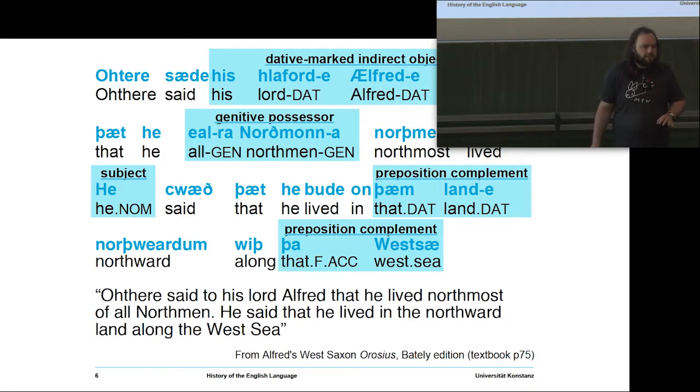Try and figure out if they're dative case or genitive case or accusative case or nominative case. You've got all the paradigms, so you don't particularly have to memorize anything. What you have to do is understand how to use the paradigms. Does anyone have any questions?